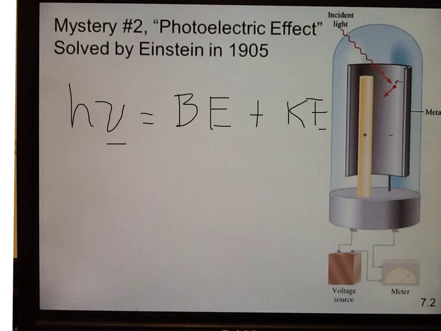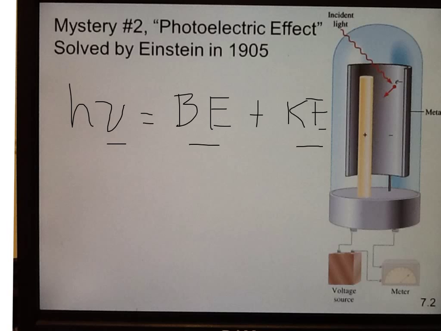And so the energy of the blue light has to be sufficient to remove the electron, providing the binding energy, and the energy required to get the electron to move from point A to point B, the kinetic energy. So the energy of the light is now dependent upon its frequency. Well, apparently now, blue light has a high enough frequency to provide both of these energies in the correct amounts.